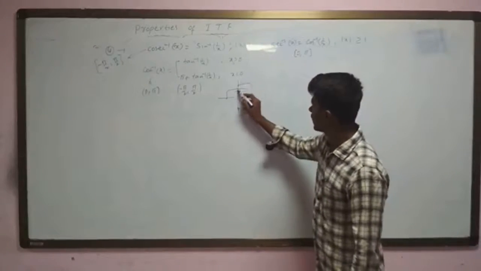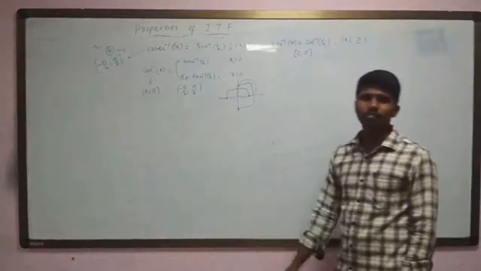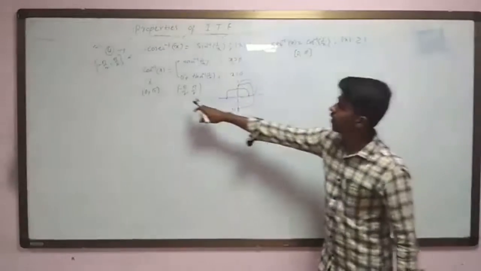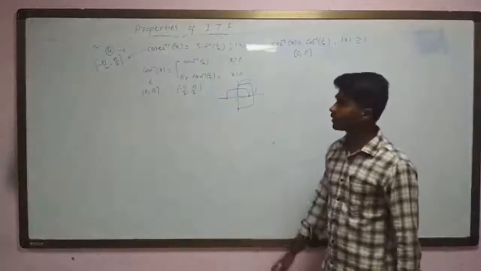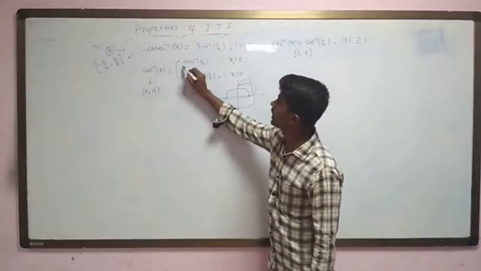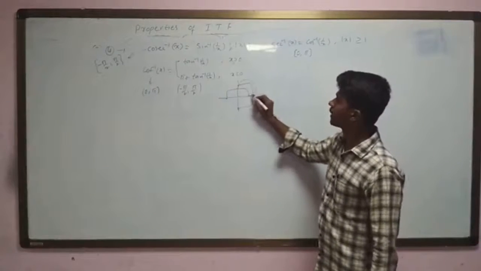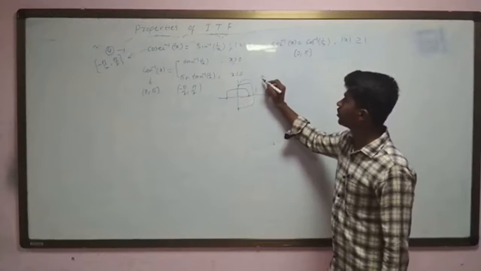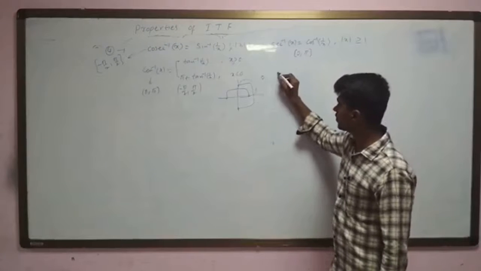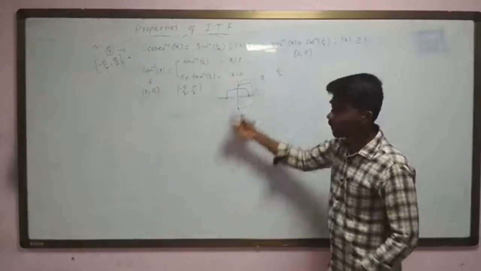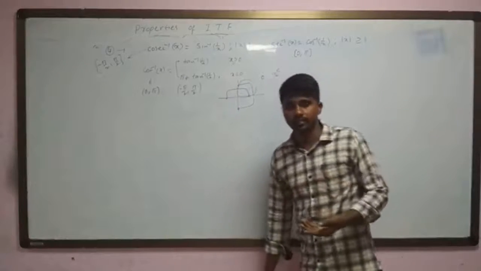This particular part is the same for both cot inverse as well as tan inverse. So that's what we got directly: cot inverse x is equal to tan inverse 1 by x when x is greater than 0, in this particular part, which is nothing but 0 to pi by 2.